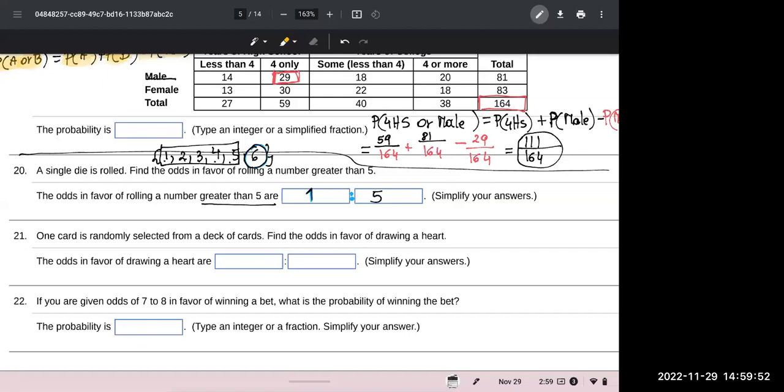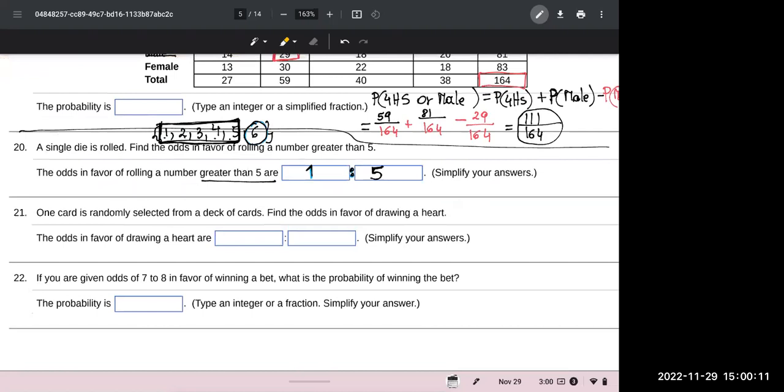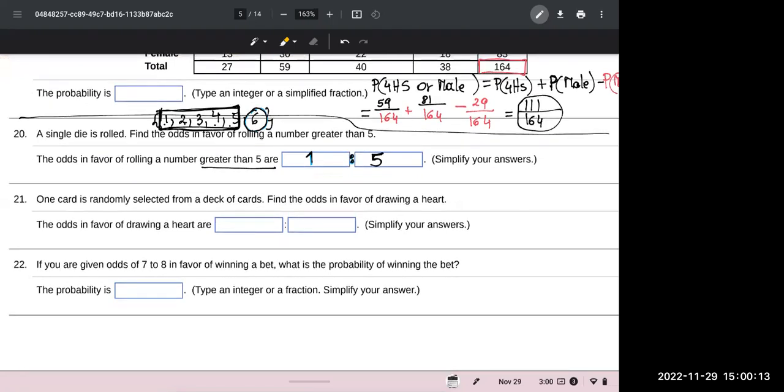So that's why I put 1. And the second number will represent the remaining numbers, how many numbers less than or equal to 5 you will have, which is 5. So 1 to 5, okay? I know it was a complicated formula for odds in favor, but in this case, this is just the easiest way to calculate odds in favor.